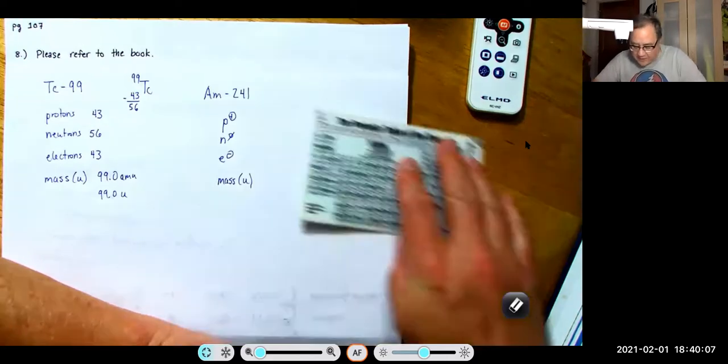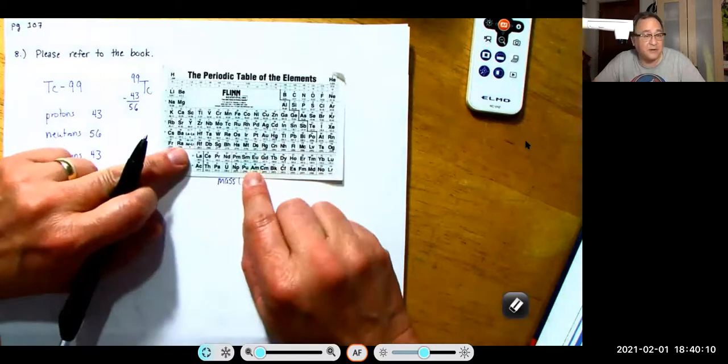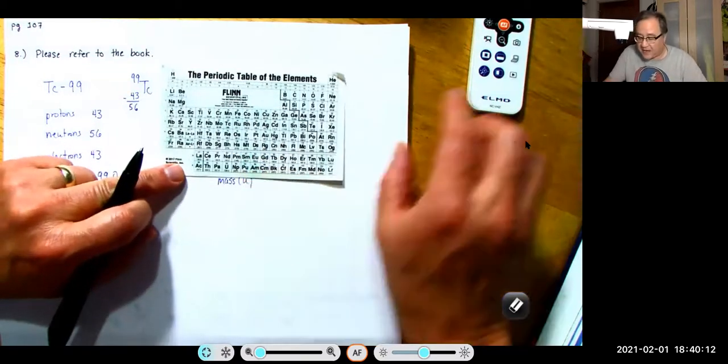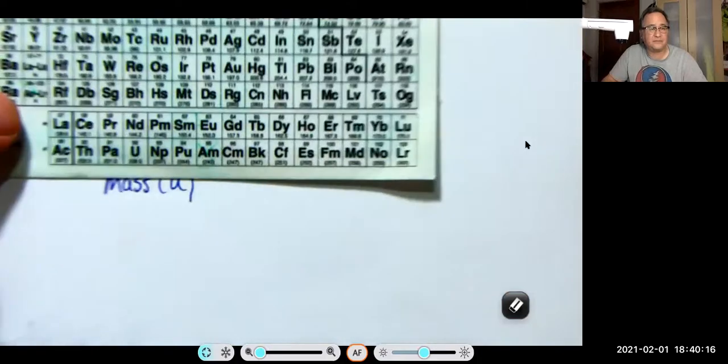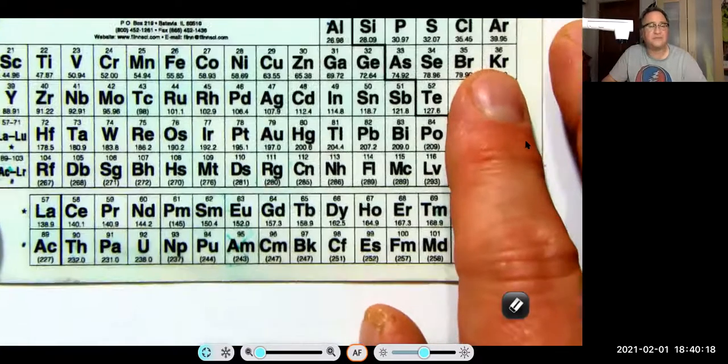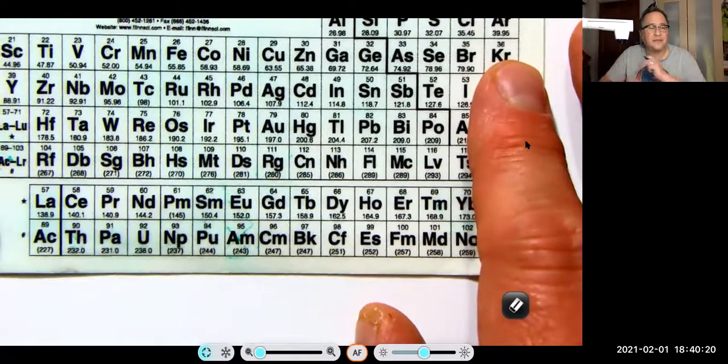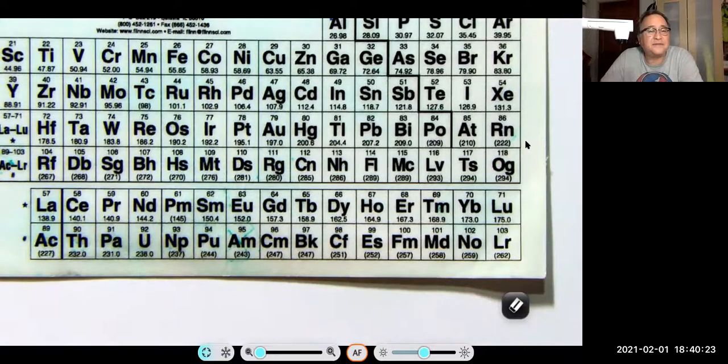Oh, and let me help you out with americium. It's down here on the periodic table towards the bottom. 95.